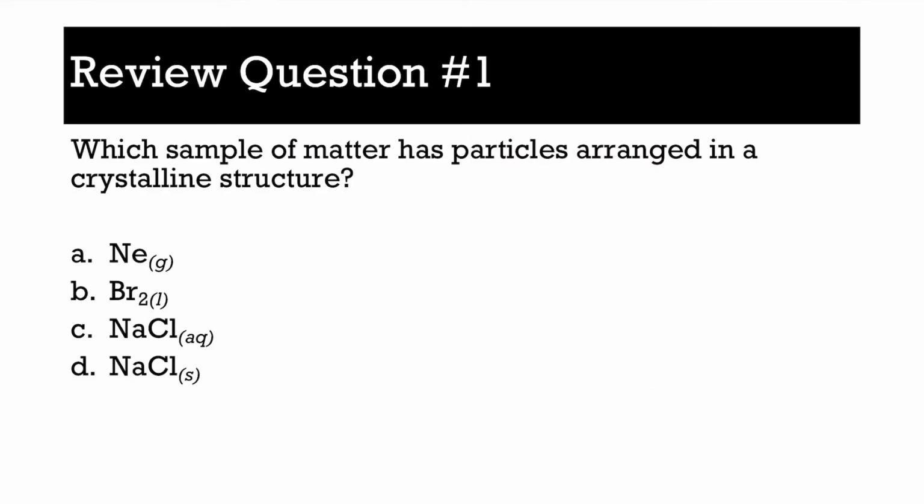Okay, so that's basically it for the content. Let's go ahead and try 3 questions to sum everything up. Question 1: what sample of matter has particles arranged in a crystalline structure? Crystalline structure, you should think ionic compound. Again, that is a metal and a non-metal.